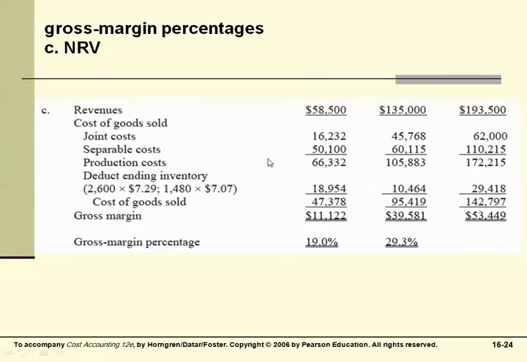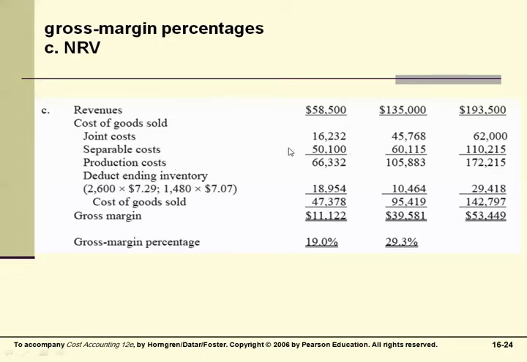Calculating gross margin percentage. First, revenues as calculated before, 58,500. Cost of goods sold: its share in joint cost 16,232, its separable cost 50,100.